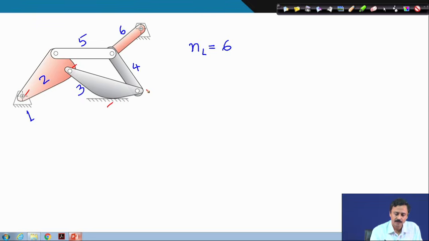So, this is the third kinematic pair, 4. Here there are 3 links connected, 4, 5 and 6, as you can see, 3 rigid bodies. Therefore, there are 2 kinematic pairs here, and we have another kinematic pair with the ground. Therefore, total number of kinematic pairs is 1, 2, 3, 4, 5, 6, 7 and 8. So, total number of joints is 8.